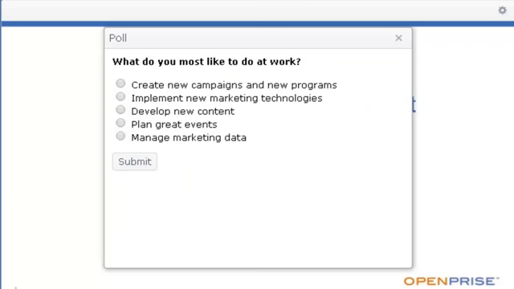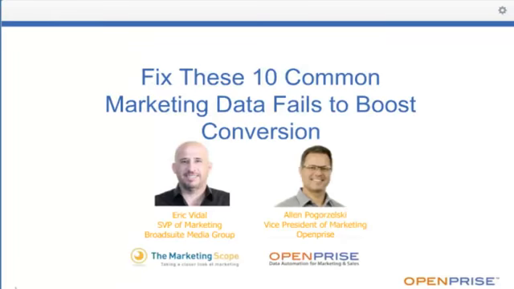It's funny, when I talk to a lot of directors of marketing or people a little more senior like VPs, they want to see the dashboards and the results, but getting their hands on the data is somewhere lower on the list. So I'm curious to hear what some of these folks have to say. And I'm going to go ahead and show those results.